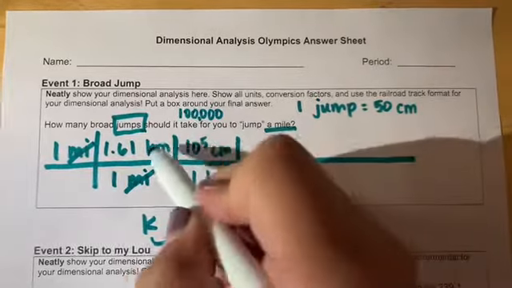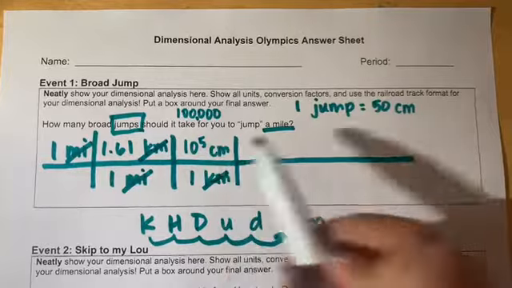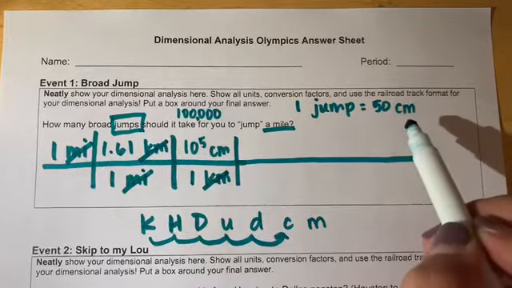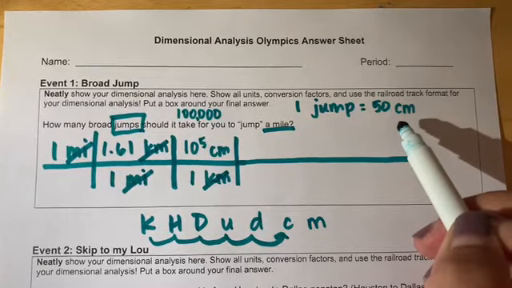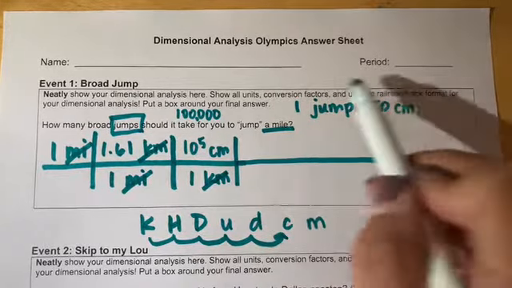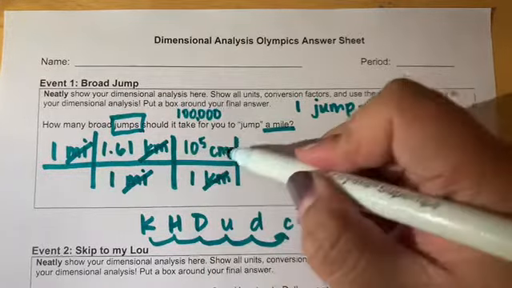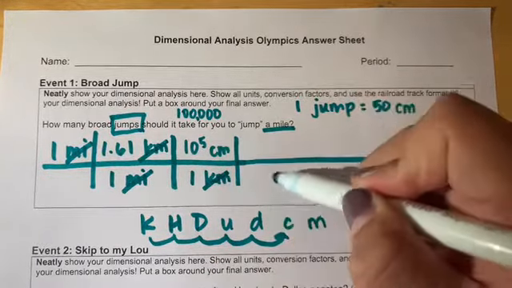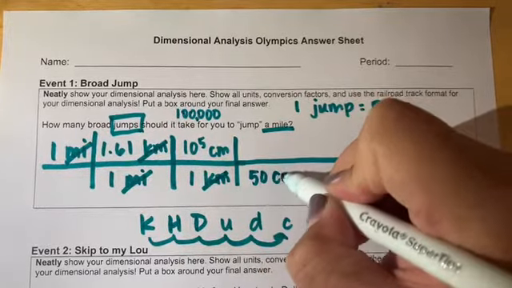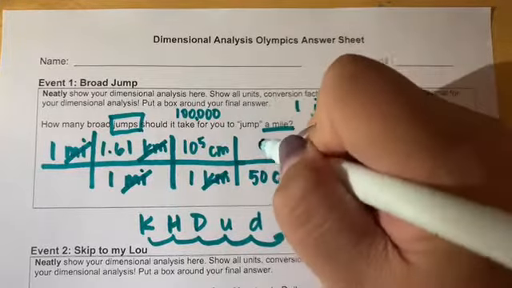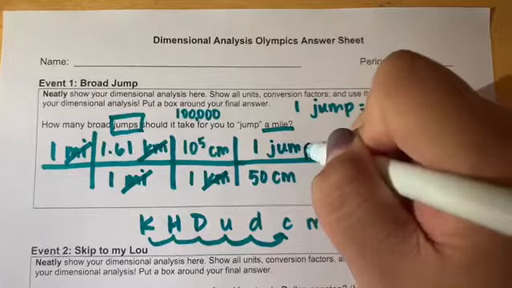Now our kilometers cancels out and we finally have centimeters, which is what we have from our data from yesterday. So now we can finally use the data from yesterday so that we can cancel out centimeters, copy and paste down and diagonal: 50 centimeters is equal to 1 jump for me.